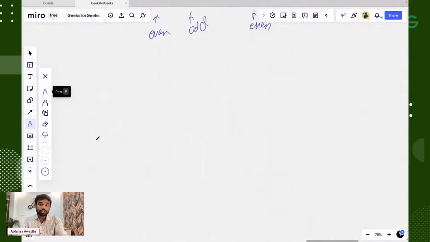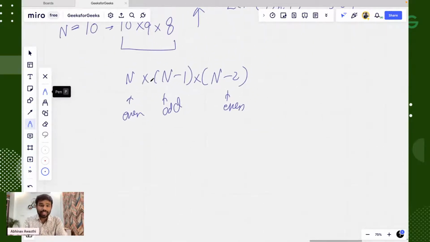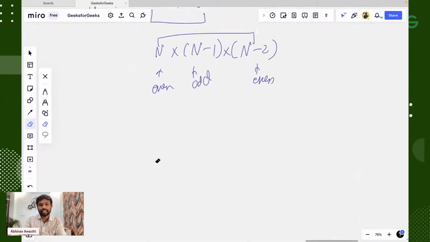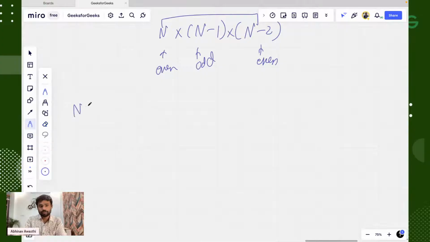So in that case, because we are getting these two numbers both even, there will be a GCD of 2. Let's take a case, let's take n is equal to 6.